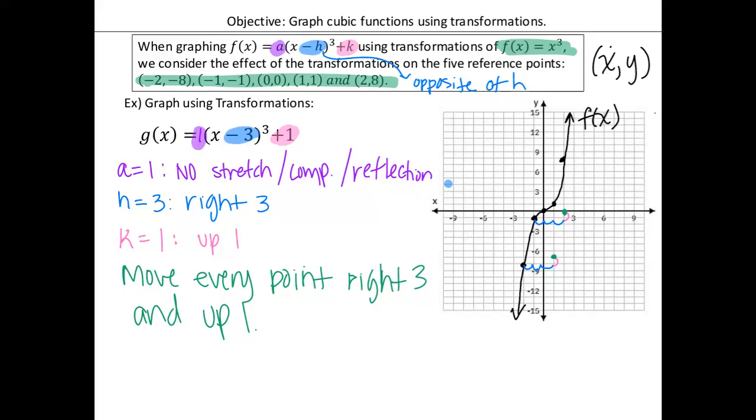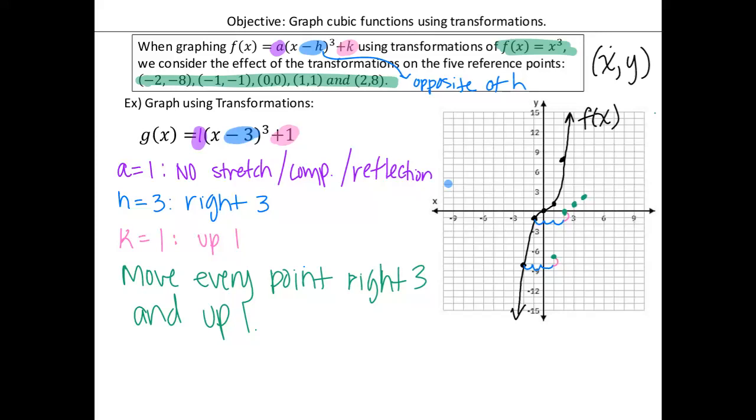And then we're going to keep doing that. You don't have to put the little loops. I'm just trying to show you where that's coming from, why I end up where I end up, okay? So then (0, 0), move it to the right 3 times. So 1, 2, 3, and up once. And then your (1, 1), same thing. Move it to the right 3 times and up once.